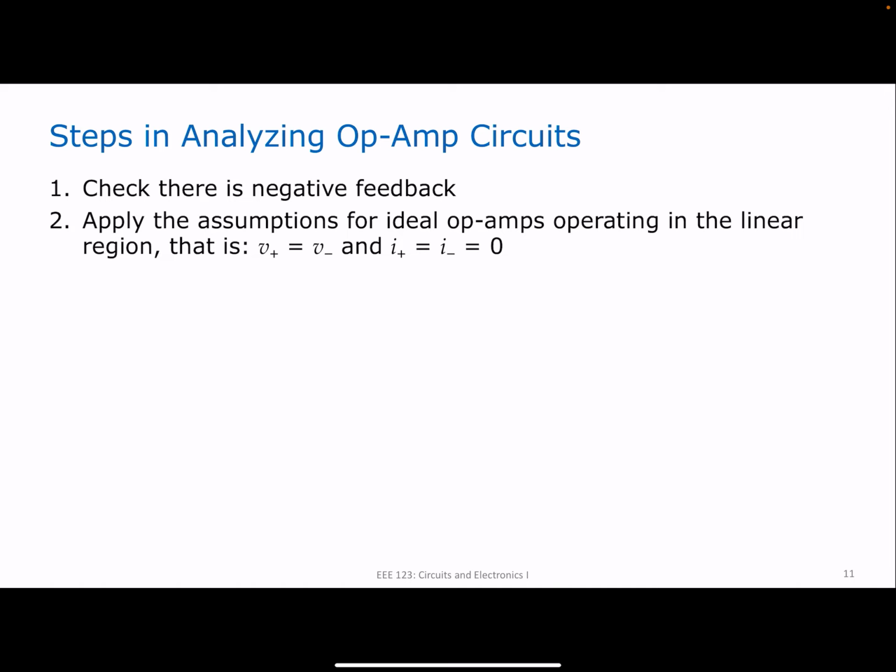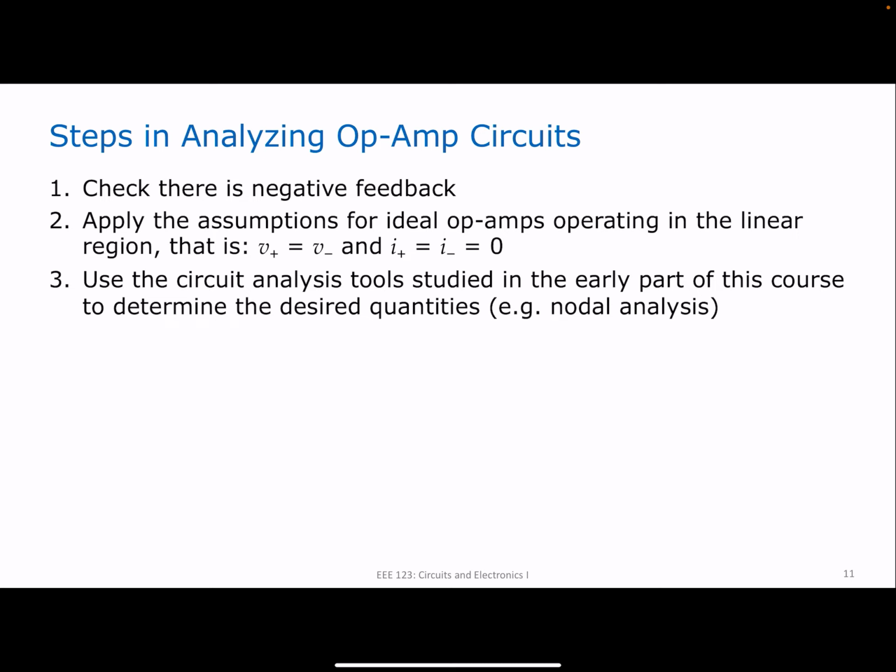Because of those assumptions, V plus will be equal to V minus, and the current into your inverting and non-inverting inputs will be equal to 0. After having done that, we use the circuit analysis tools already studied in the early part of this course to determine the desired quantities. Usually, what is asked is the output voltage. For example, you use nodal analysis.